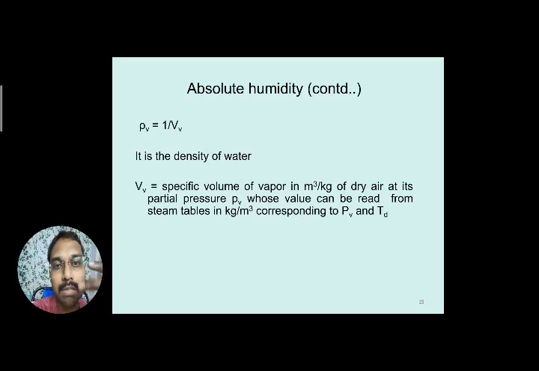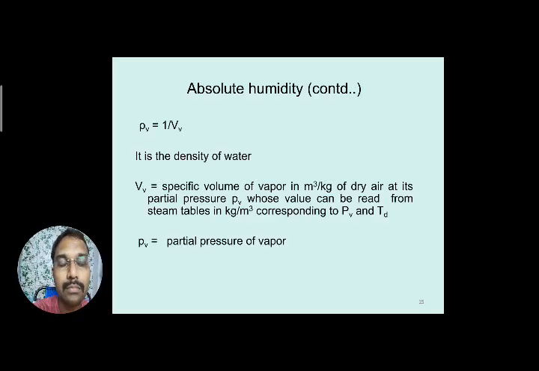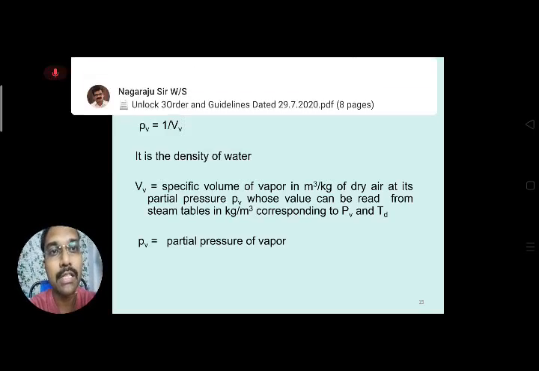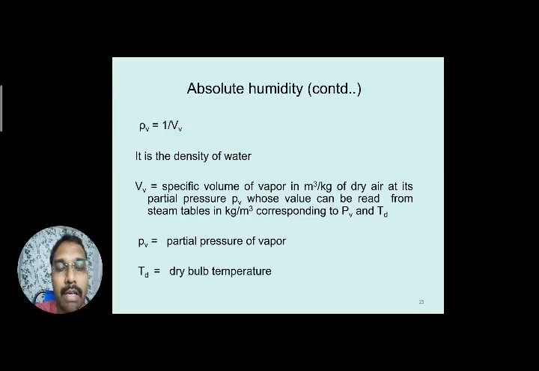You know that density is the reciprocal of specific volume, in meter cube per kg of dry air at its partial pressure PV, whose value can be read from the steam tables in kg per meter cube corresponding to PV and TD. That means the vapor pressure and the dry bulb temperature, where PV is the partial pressure of vapor and TD is the dry bulb temperature.